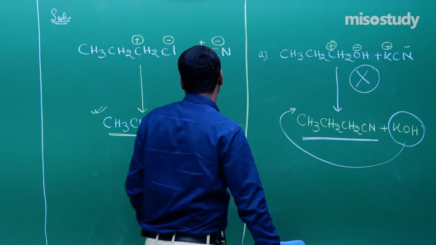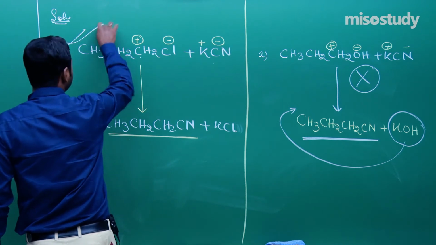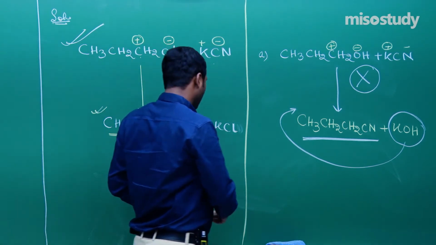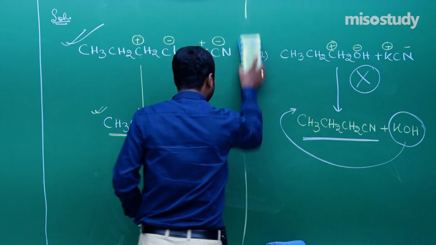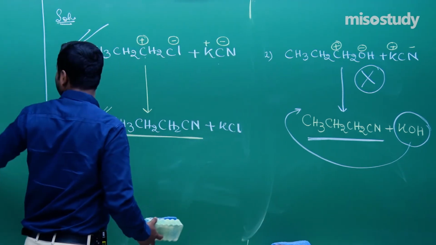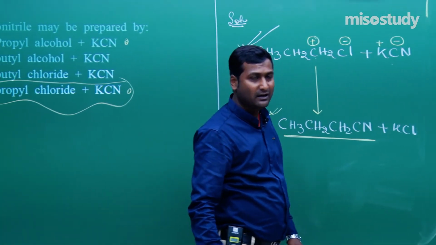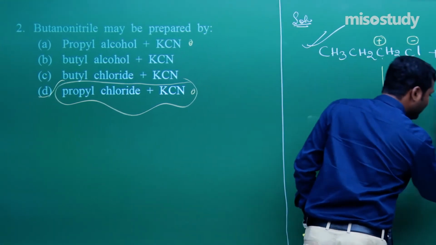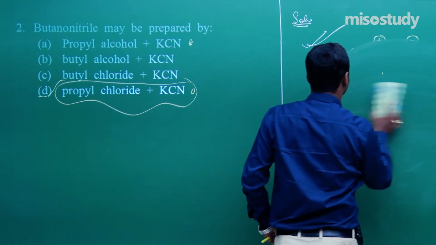Clear to you? So the method is CH3, CH2, CH2, Cl. So for this question, we can say that D is the correct option. Clear, friends? Now I'm going to rub this part and we'll discuss the next one. Wait for a moment.